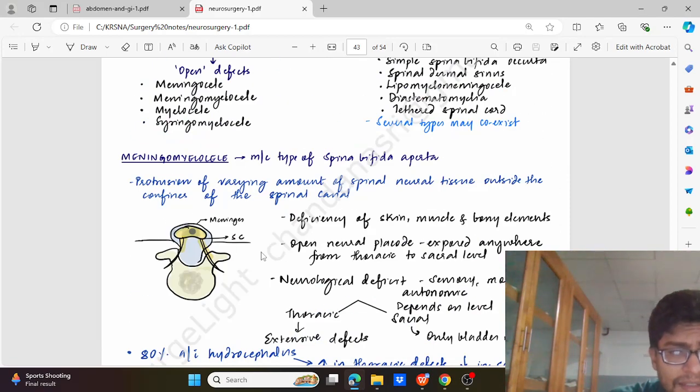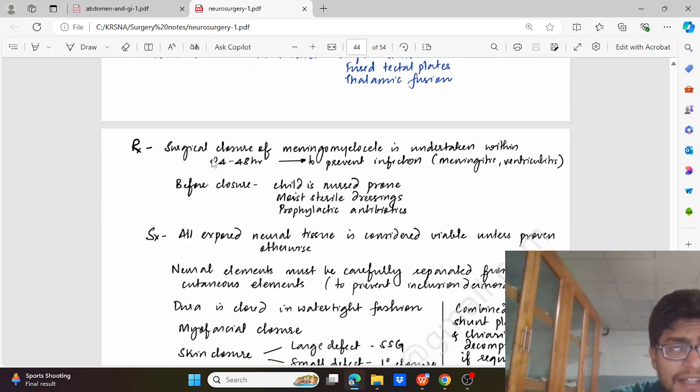Now we see the management, that is surgical closure of the meningomyelocele, and it is done within 24 to 48 hours to prevent infection, that is meningitis or ventriculitis. Before closure, we keep the baby in prone position, and a moist sterile dressing is placed on the meningomyelocele.